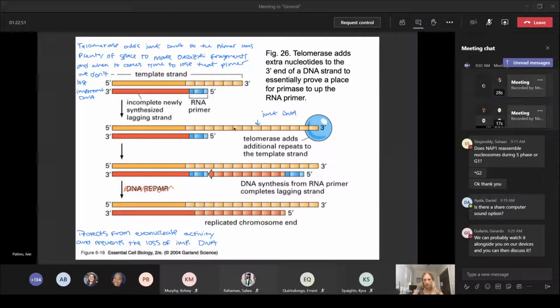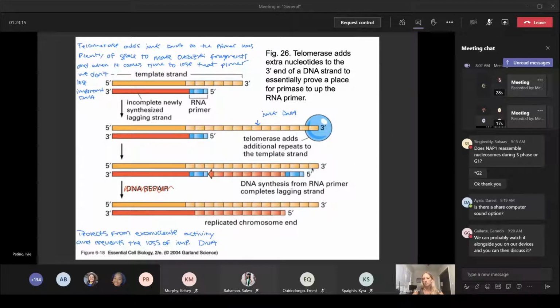You can see now that this chromosome is longer than this chromosome. So then now we have space for our primer to be placed and our DNA polymerase to go ahead and synthesize more DNA so we can actually replicate this portion of the chromosome that we were missing. And we know that all of this over here is just junk, it's not coding.